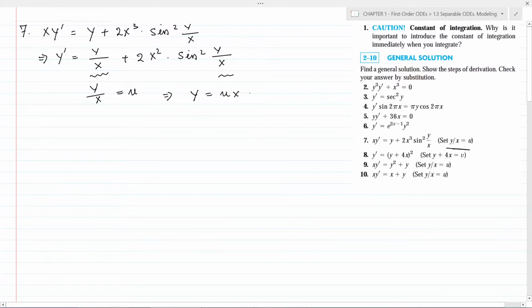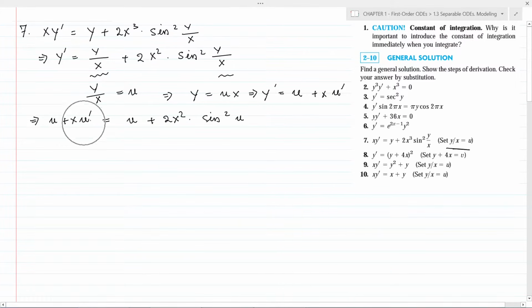If we differentiate both sides with respect to x, we get y dash is equal to u plus x u dash. Now we substitute this into the original equation and we get u plus x u dash is equal to u plus 2x square multiplied by sine square u.